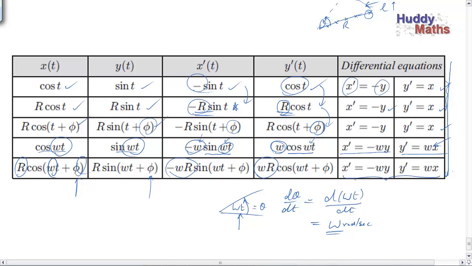Okay, so we're going to come and do a lot with these pairs of differential equations. It's an interesting area where we change the relationship between x prime, y prime, or the derivative of x and y themselves, and look at how different forms of motion may result, not just a motion around the unit circle. All right, so I want you to really study this table because it's important for later on.